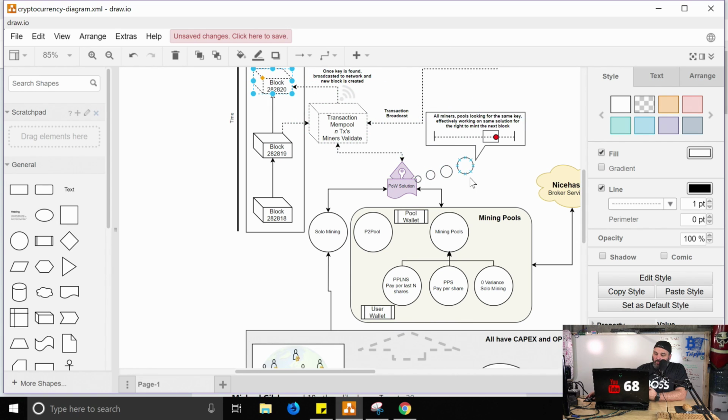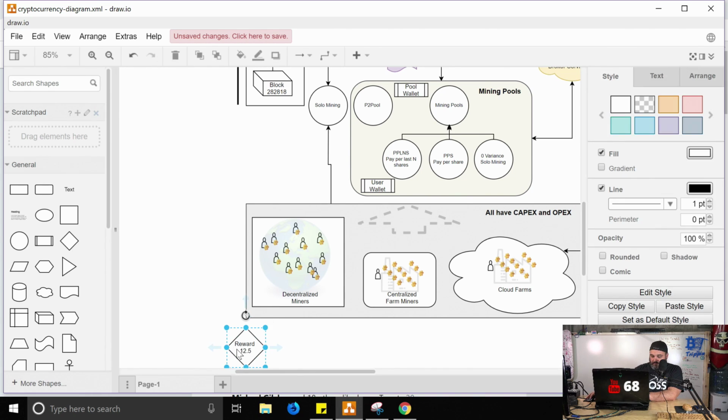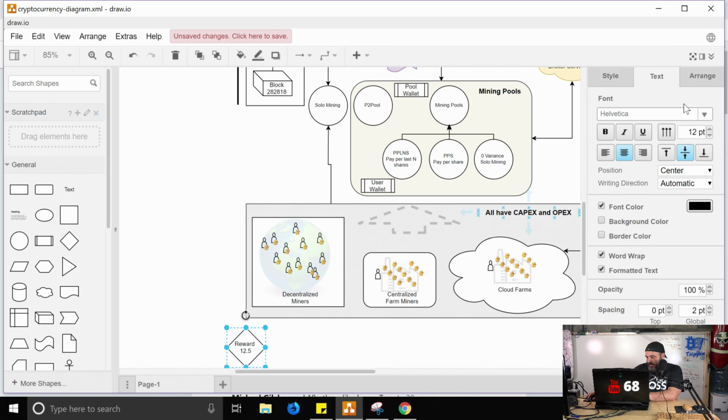The payment reward that occurs, let's just do something that looks cool. It's a payment reward. Diamonds are always cool. Let's say reward. And let's use Bitcoin for this particular instance, which I know is kind of interesting considering this channel is mostly non-Bitcoin mining. It's all other mining, but we'll go with it.